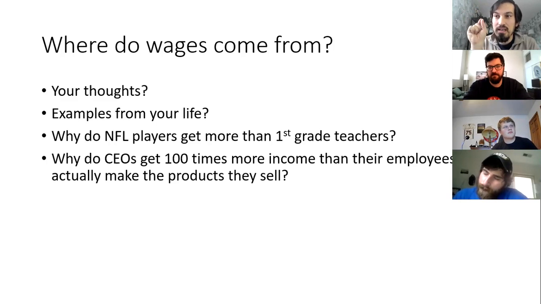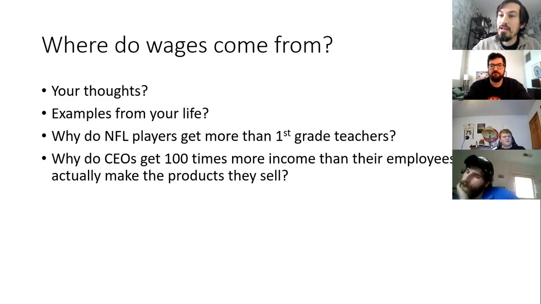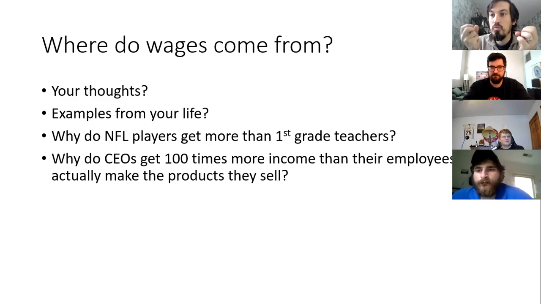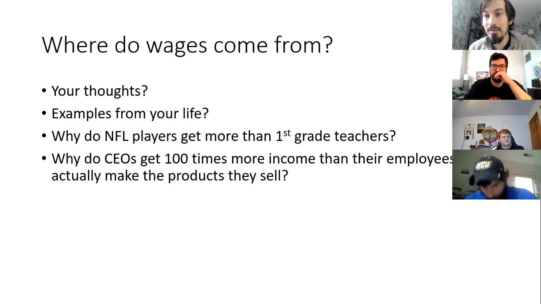If the name recognition of your CEO is what you're actually buying, there's only one person with that name. So the supply of labor gets shifted way to the left for these guys, even between 1970 and now. Much more shrinking supply of the person that you really want to do this job. And that's why their salaries keep going up. It's kind of sad that it's happening, but it's definitely happening.